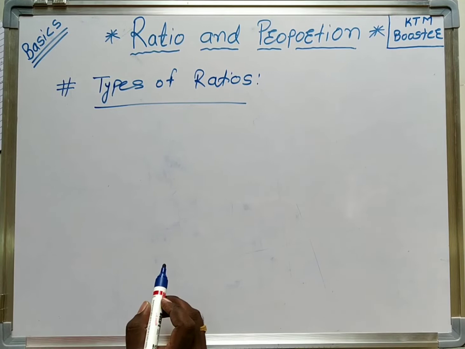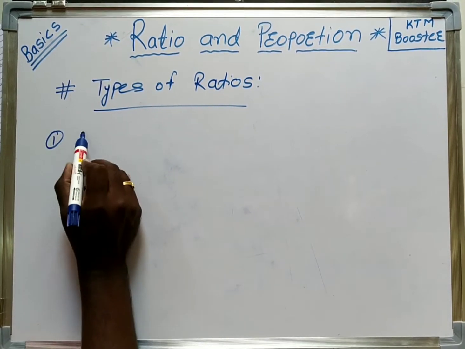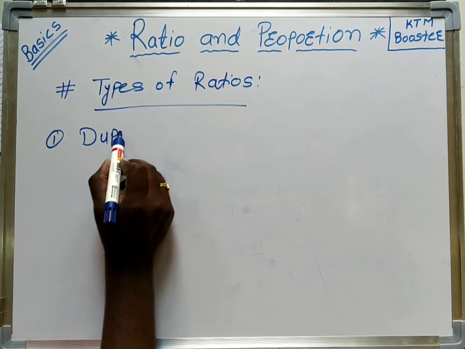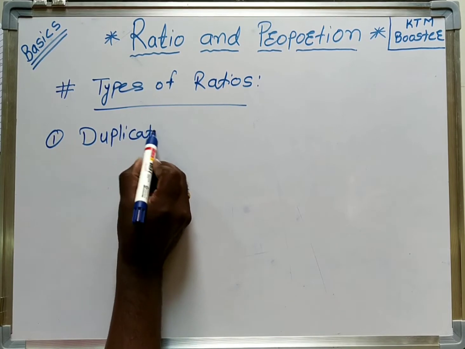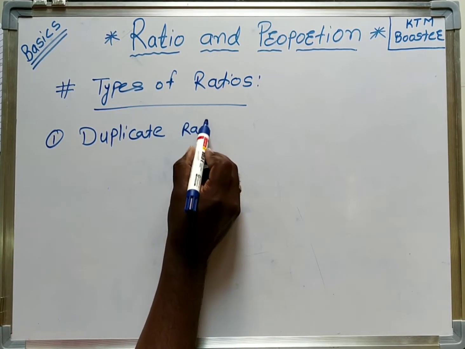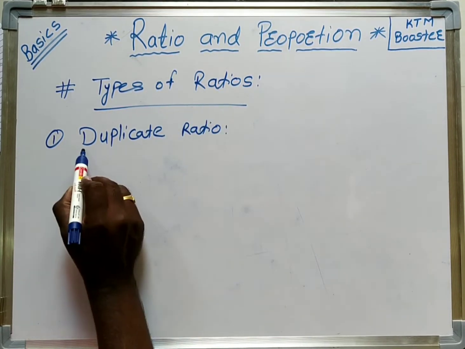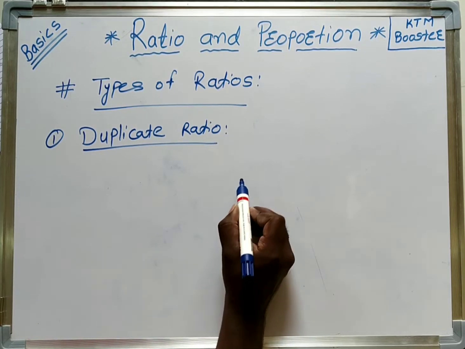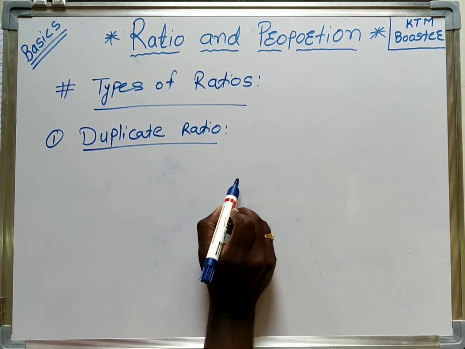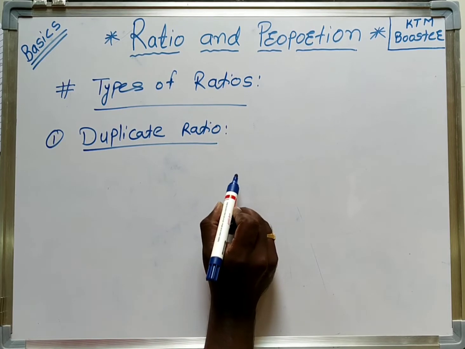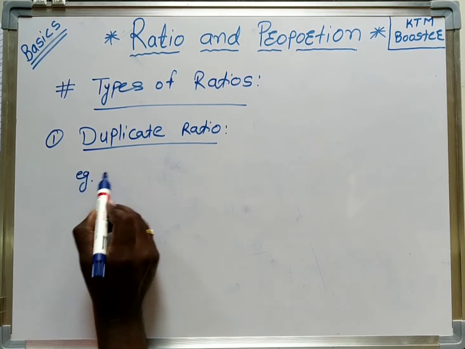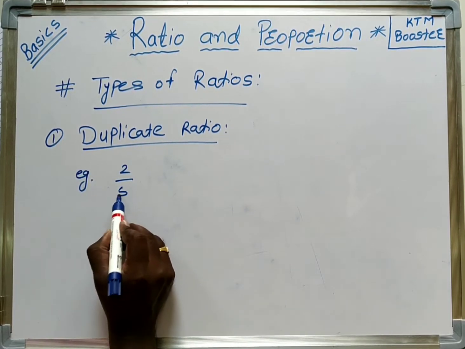Now we will see the types of ratios. Number 1, the duplicate ratio. What is a duplicate ratio? The ratio of squares of two numbers is called the duplicate ratio. For example, we have 2/5.